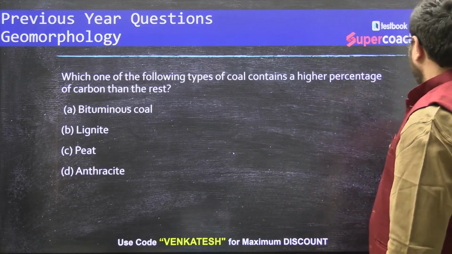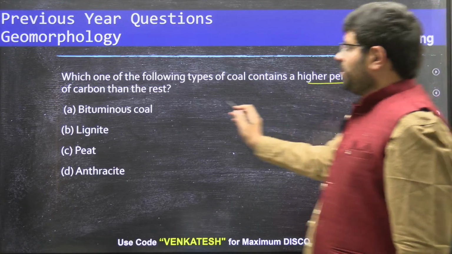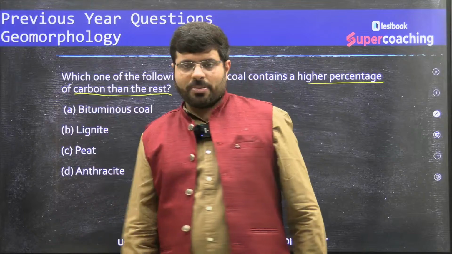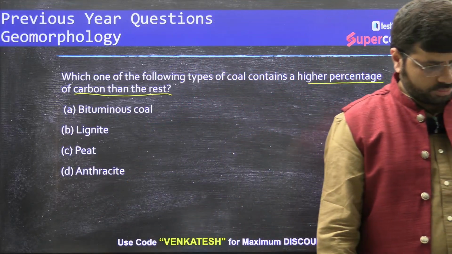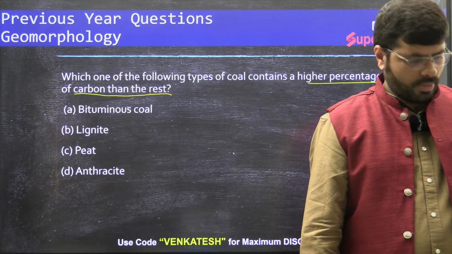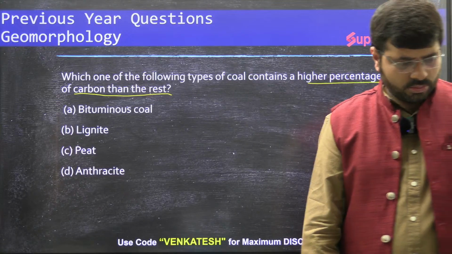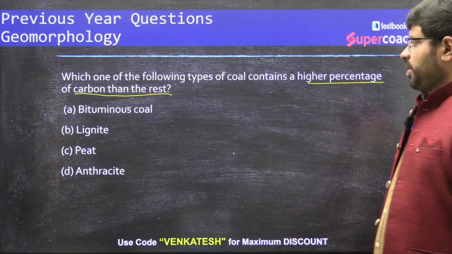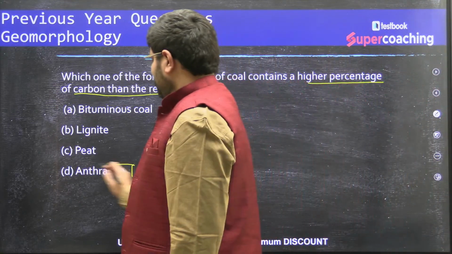Which one of the following types of coal contains a higher percentage of carbon than the rest? Higher percentage of carbon than the rest, it is the anthracite.